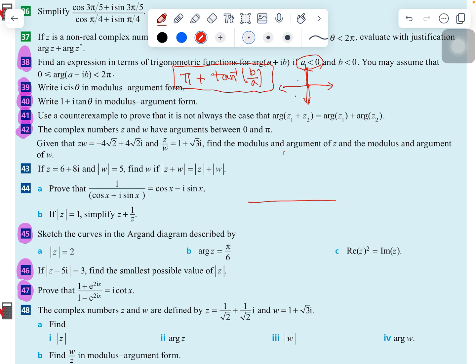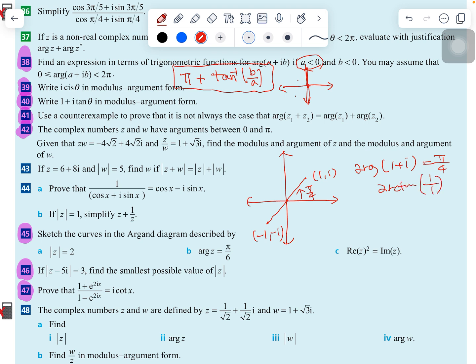For example, if you have 1 plus i and negative 1 minus i, so this is 1 comma 1 and this is negative 1 comma negative 1. The argument of 1 plus i is pi over 4 from arctan, imaginary over real.